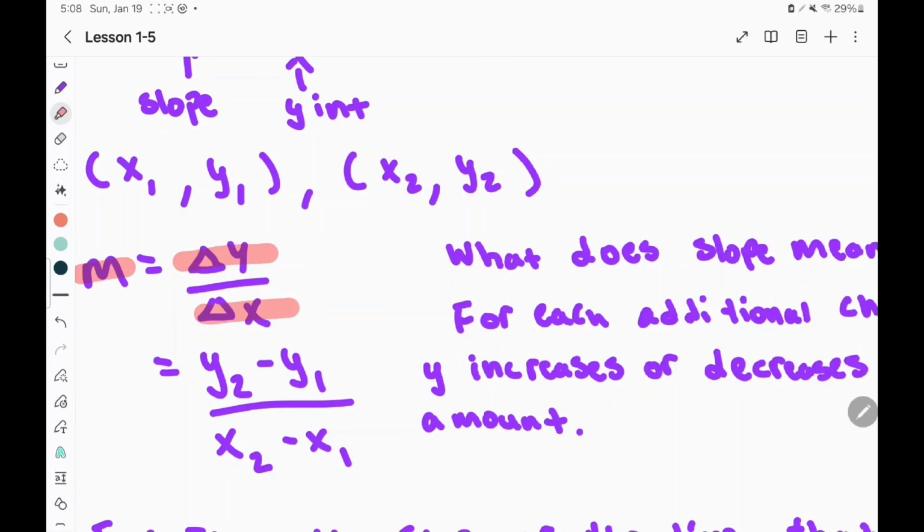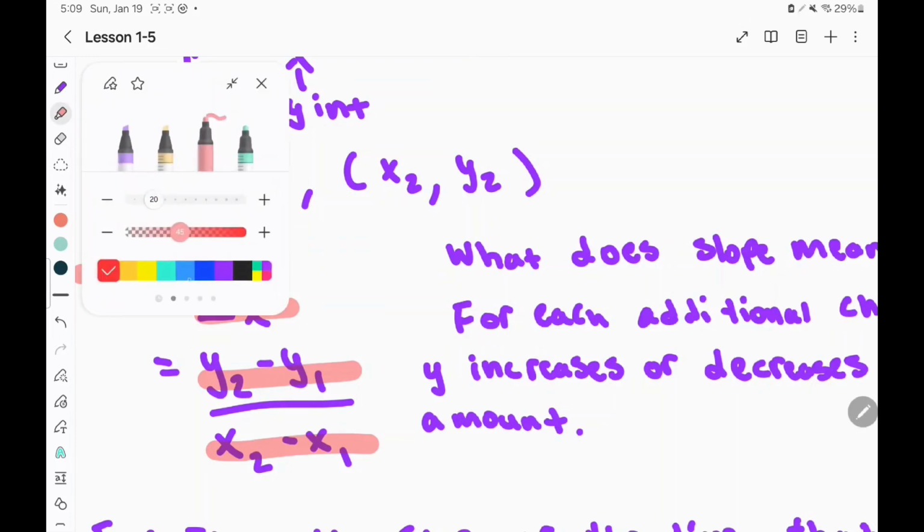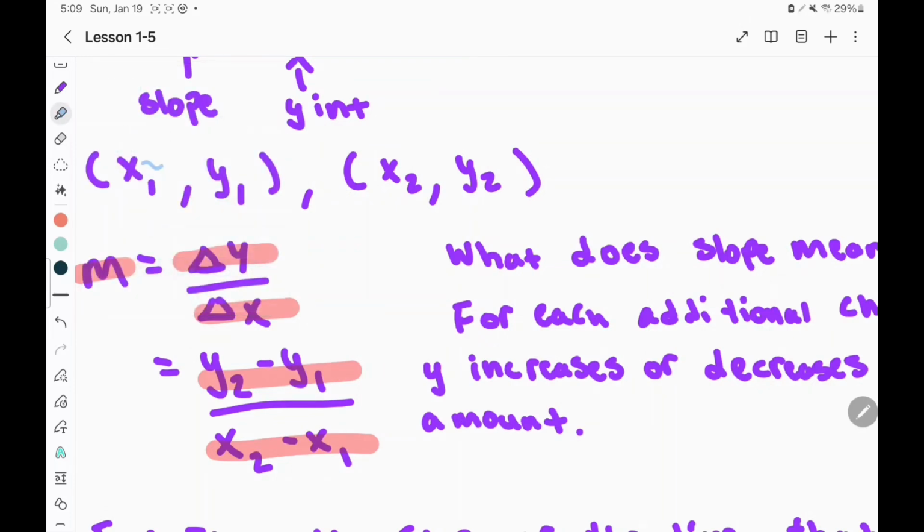So we have y2 minus y1 over x2 minus x1, where the 2 points that we were given are up above as x1, y1, x2, and y2. So we can be given 2 points. We need to be given 2 points in order to be able to calculate the slope.